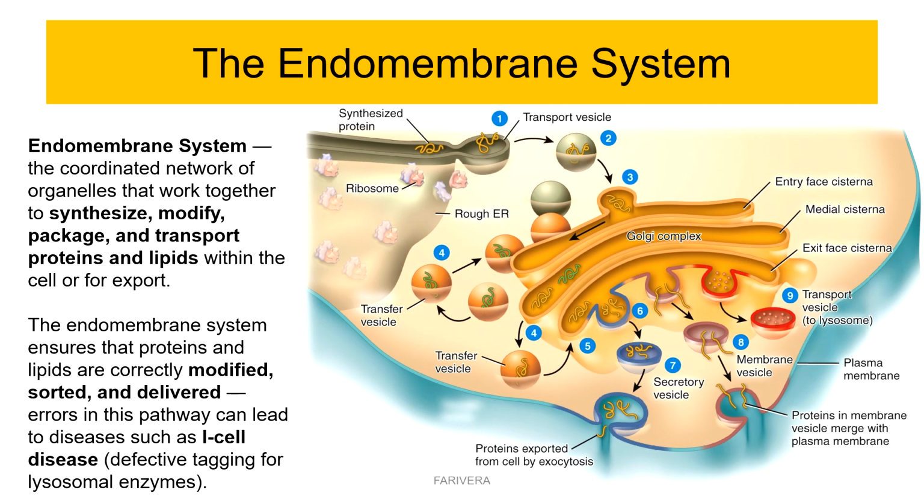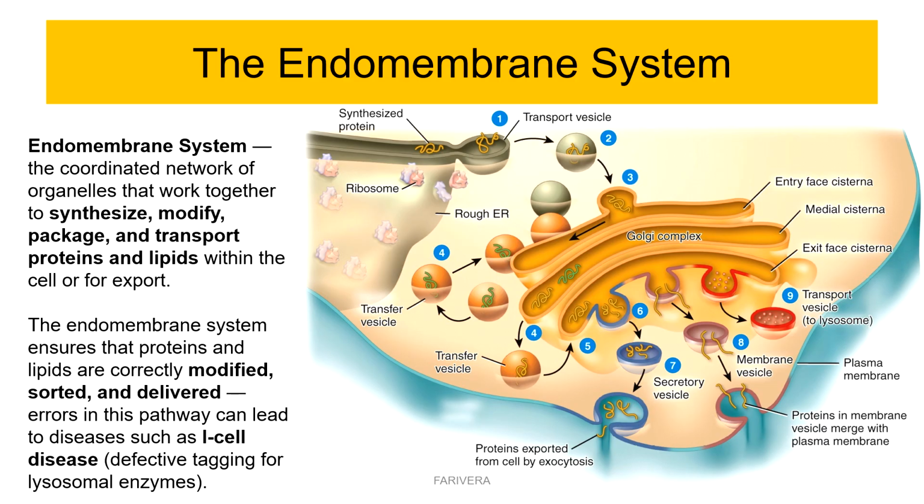Okay, so the endomembrane system. This coordination is called the endomembrane system. It is a network of organelles that synthesize, modify, package, and transport proteins and lipids. The system includes structures such as the endoplasmic reticulum, Golgi complex, and various vesicles. The key message of this slide is that the cellular organelles are interconnected.